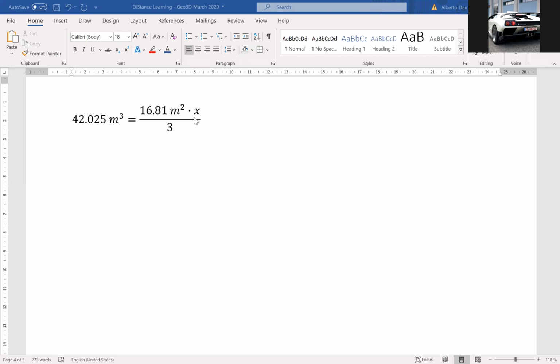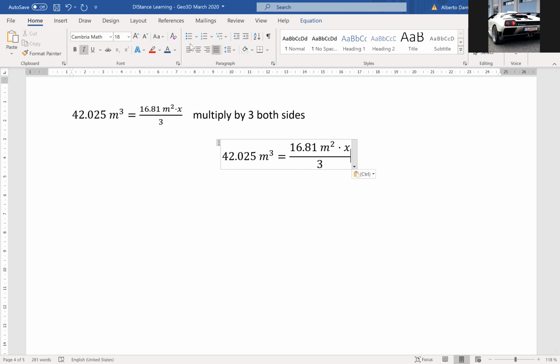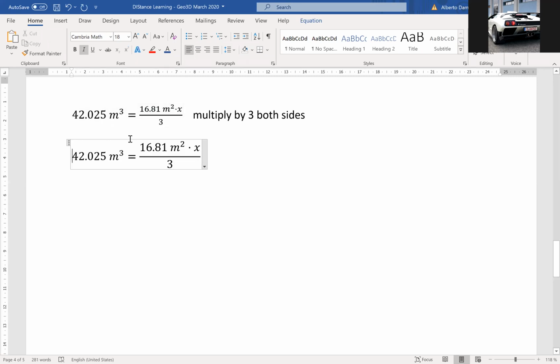My first suggestion would be definitely multiply by 3, both sides, like we did last time when we were solving equations. So let's take this one, multiply by 3, both sides, 3 times, and 3 times also to the other side. So everything will just disappear.